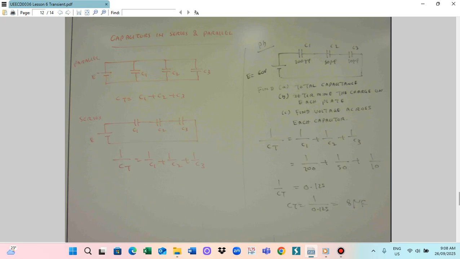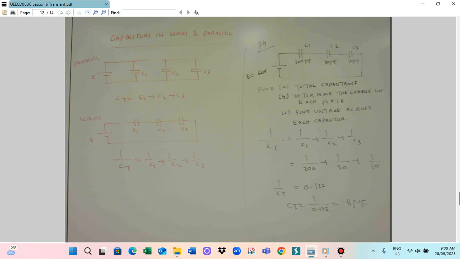So this is for the series and parallel connection of capacitors. Here the capacitors are connected in series, so you have to find the total capacitance.